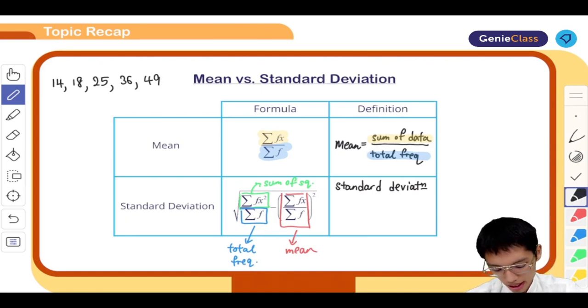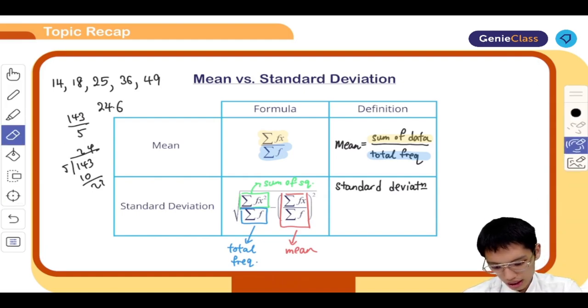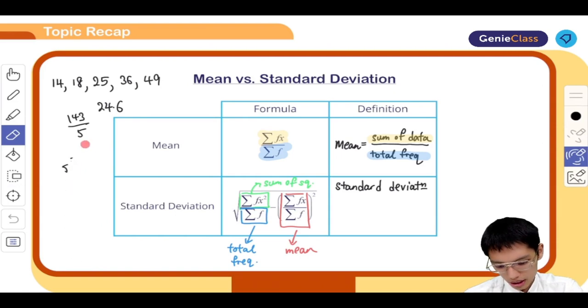So my mean is actually 143 over 5. Sorry, let me just do a little bit of mental sum over here. 24.6. My mean is 24.6. Sorry for the messy arrangement over here. Let's say this is my mean.